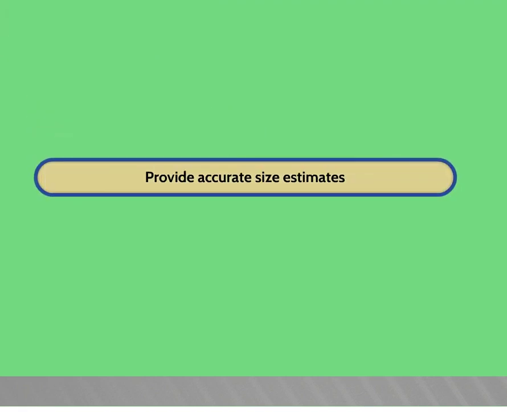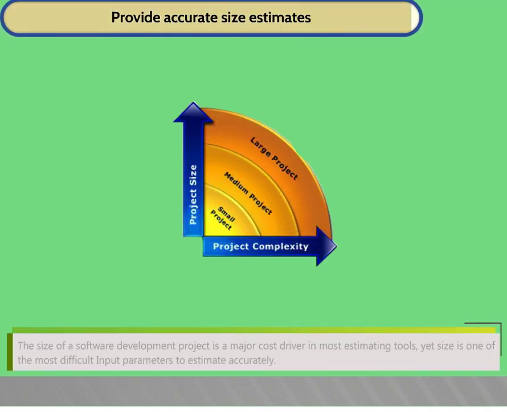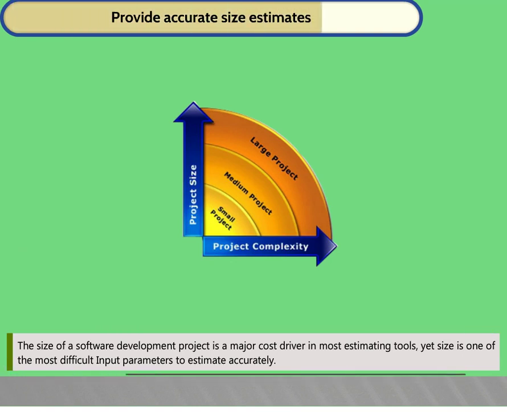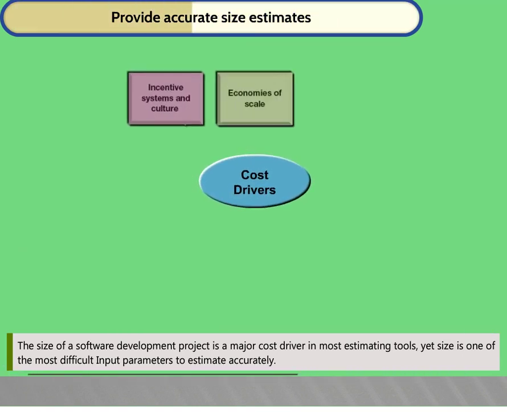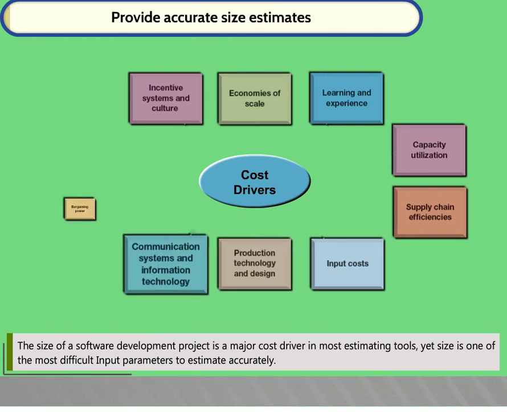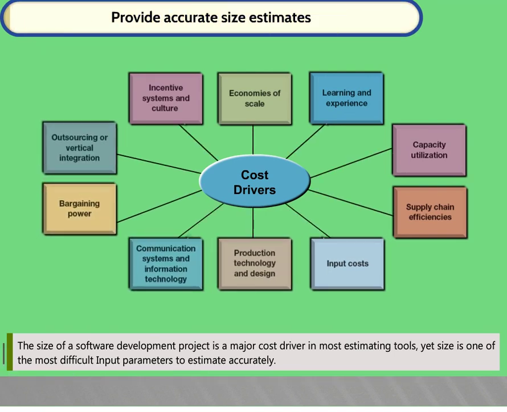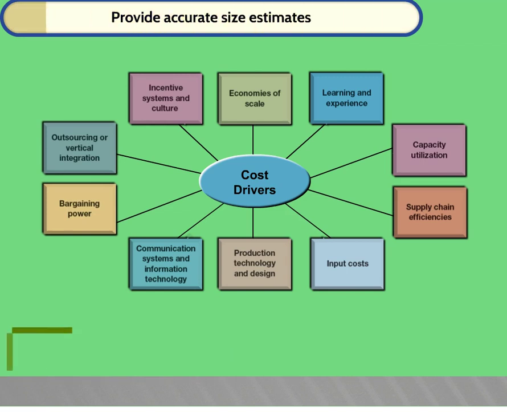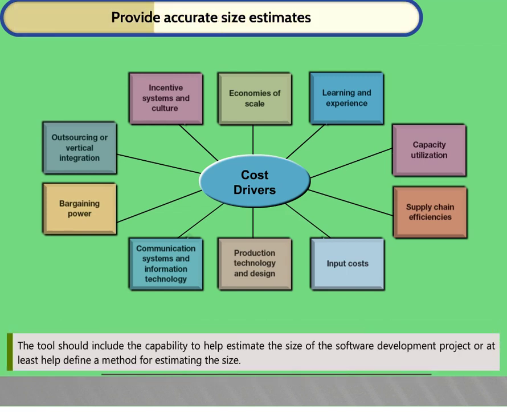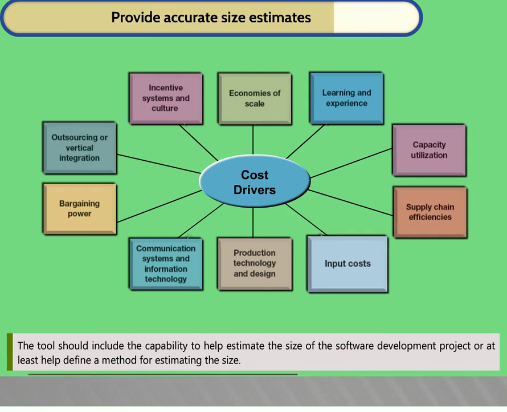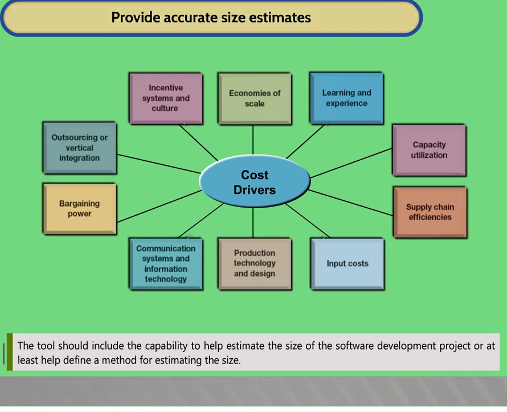Provide accurate size estimates. The size of a software development project is a major cost driver. In most estimating tools, size is one of the most difficult input parameters to estimate accurately. The tool should include the capability to help estimate the size of the software development project, or at least help define a method for estimating the size.